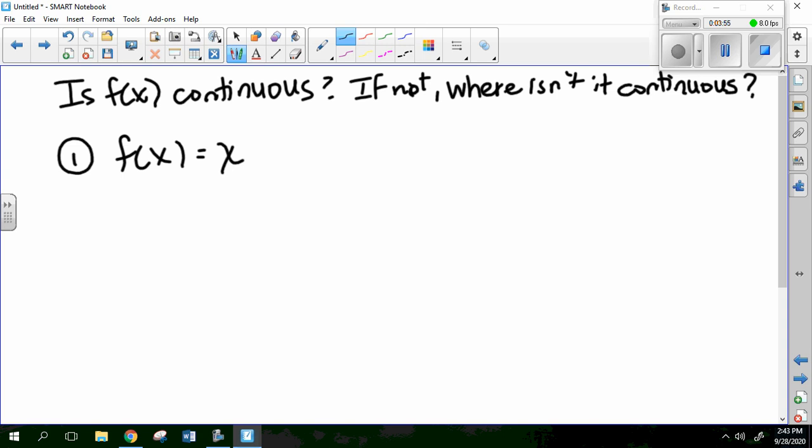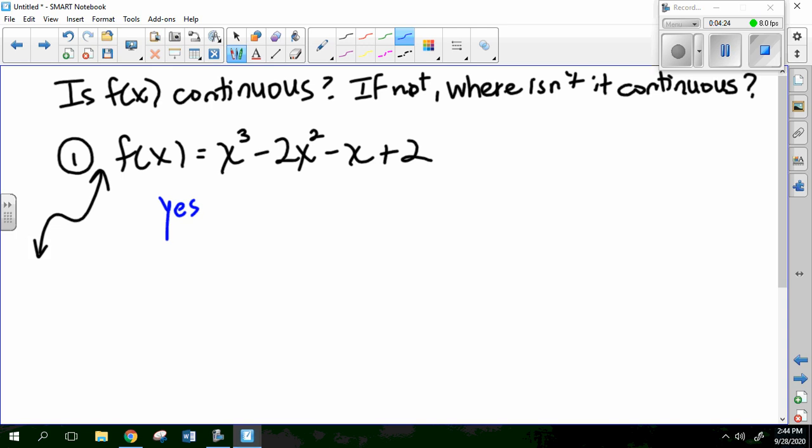f of x equals x cubed minus 2x squared minus x plus 2. This is a cubic function. Hopefully you know that cubic functions are continuous, as all polynomials are. A cubic looks something like this. The question just says, is this continuous?